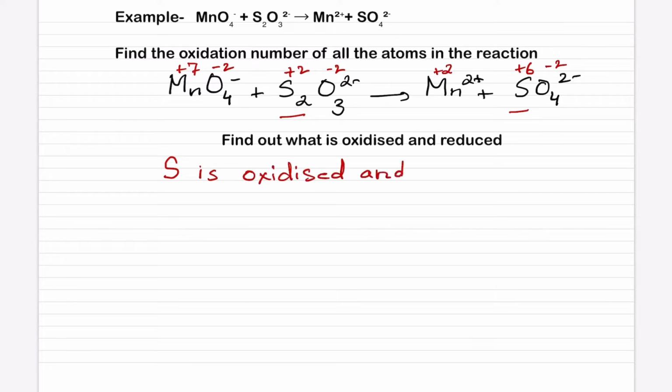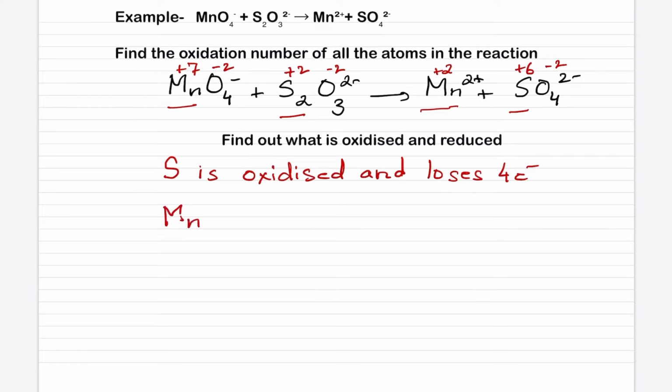and loses 4 electrons. Now when we look at Mn, it's plus 7 on the reactant side, and on the product side it's plus 2. So Mn is reduced because it gains 5 electrons. So we can write it down.